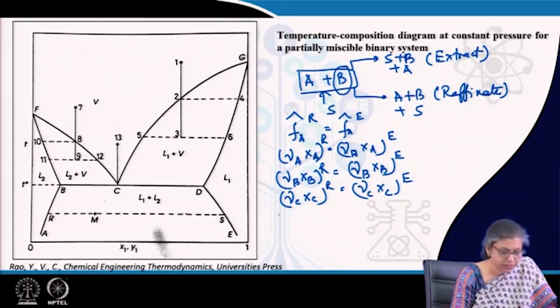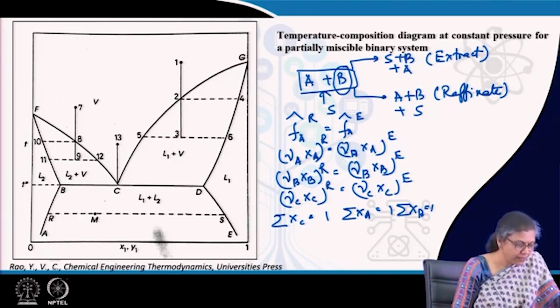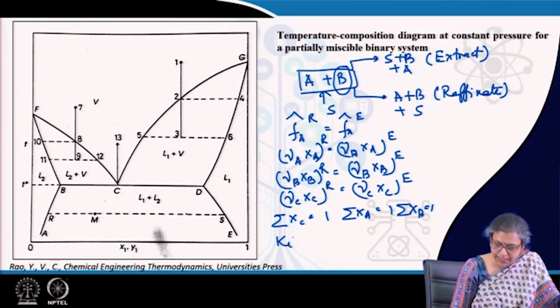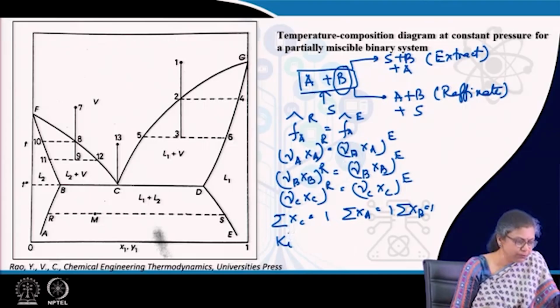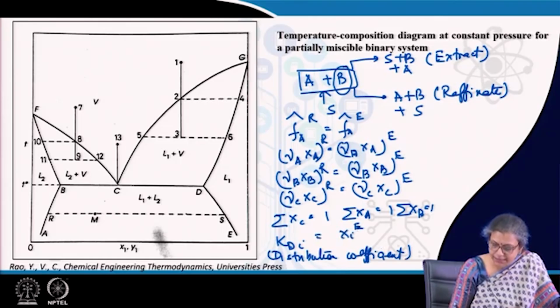So, therefore, these are the equilibrium relationships, coupled with the fact that sigma x C should be equal to 1, sigma x A should be equal to 1, and sigma x B should also be equal to 1. In this particular case, the K factor or equilibrium ratio that we have talked about is generally denoted as the distribution coefficient, which is x I in the extract phase by x I in the raffinate phase.